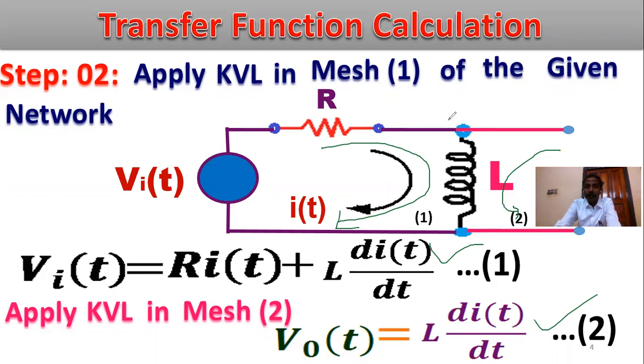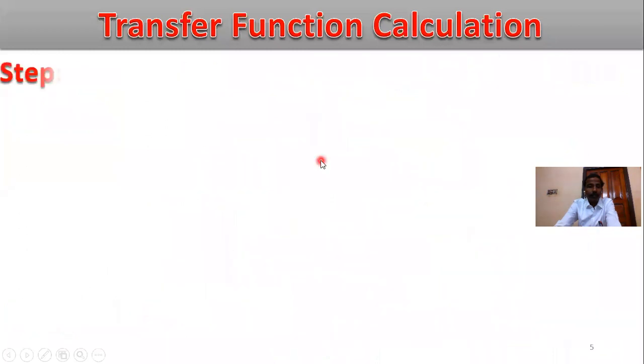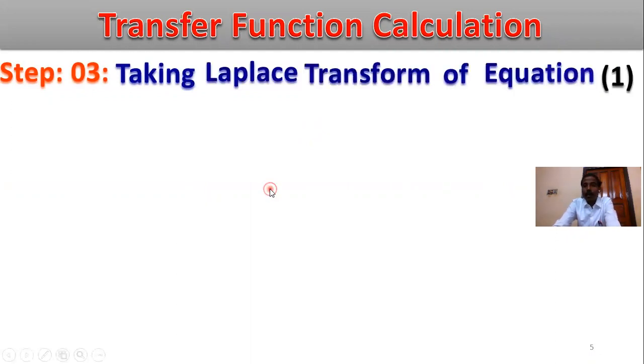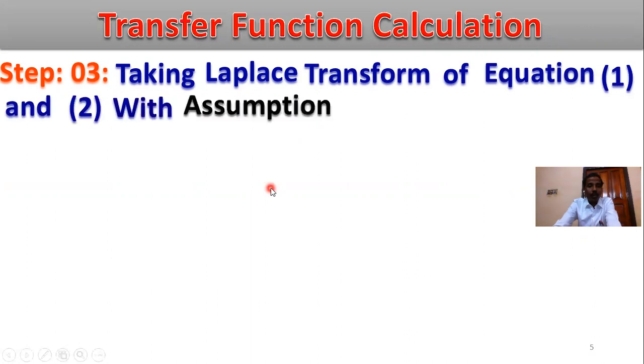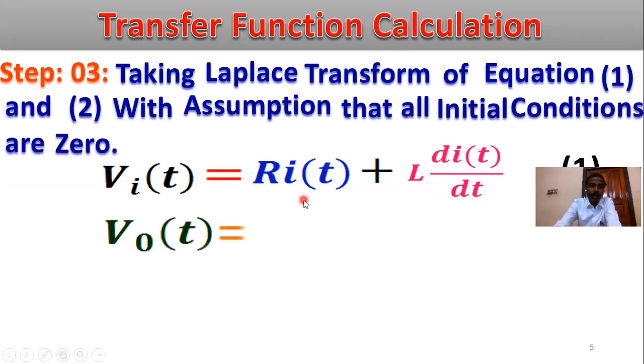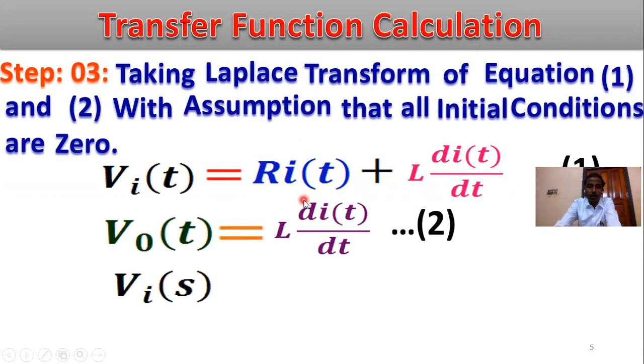What is the next step? Step number 3: take the Laplace transform of equation 1 and equation 2, with the assumption that all the initial conditions are zero. This is equation number 1, and this is equation number 2.